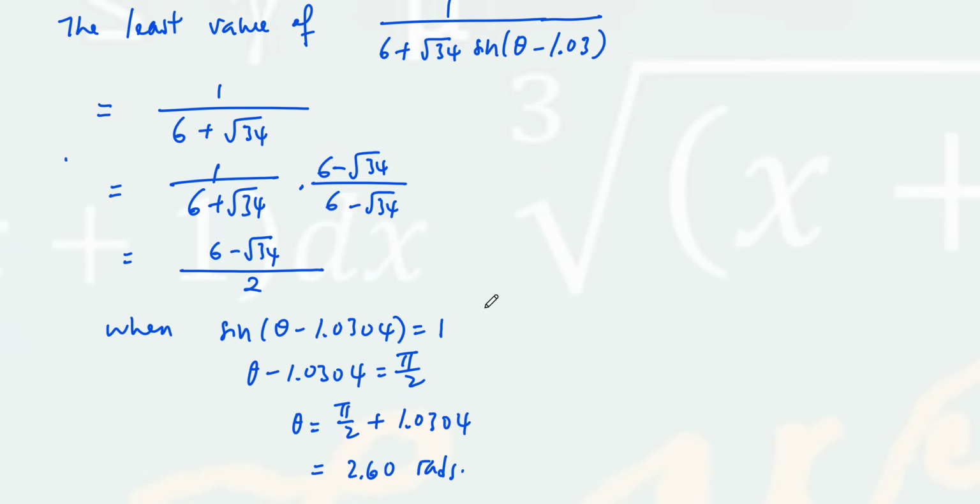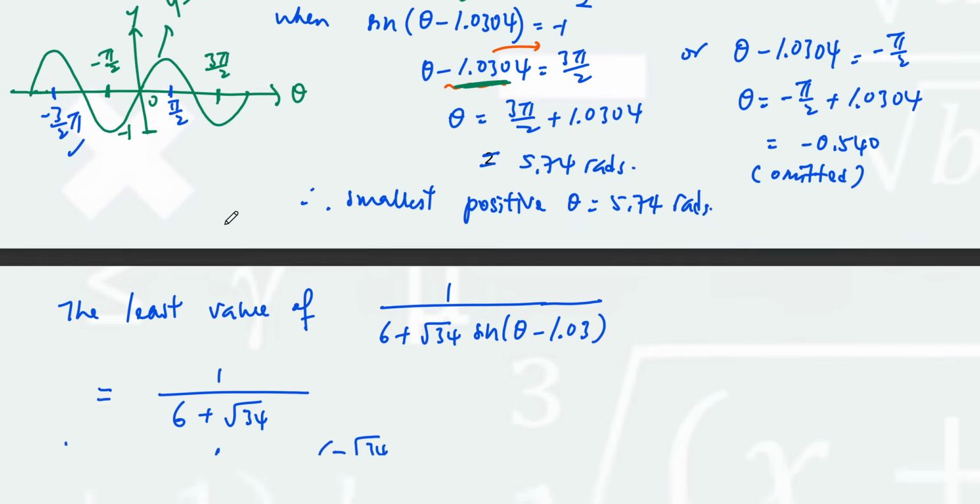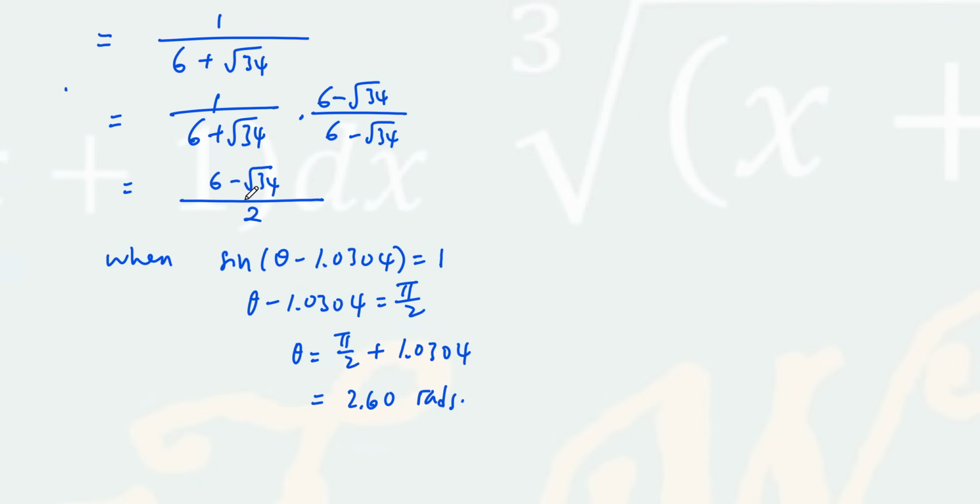If you consider the negative value, negative 3 over 2 pi, this is more negative, because pi is 3.142, and when you divide by 2, that is only 1.57. So that value is more negative, and when you add this, it is still negative.